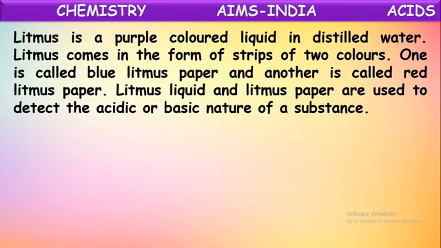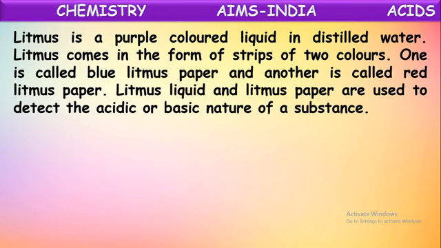Litmus is a purple colored liquid in distilled water. Litmus comes in the form of strips of two colors. Actually, after extracting this litmus from the lichen, from the solution of this litmus they prepare some papers. Those are called litmus papers. These litmus papers are available in two colors.